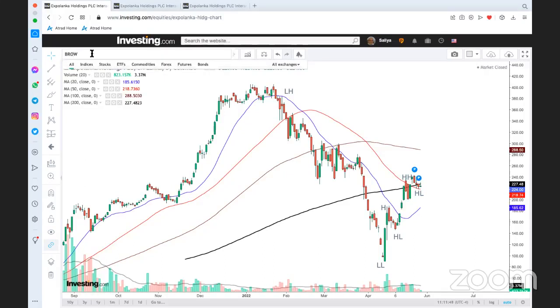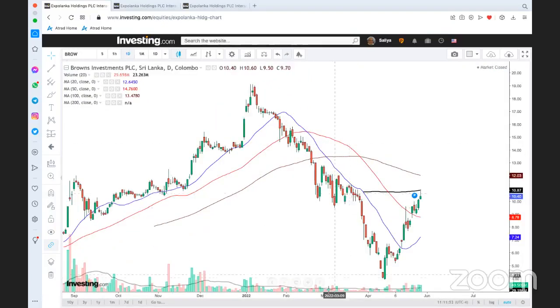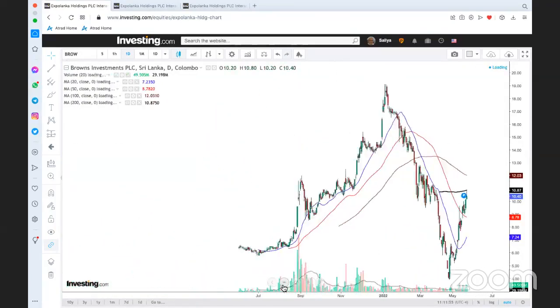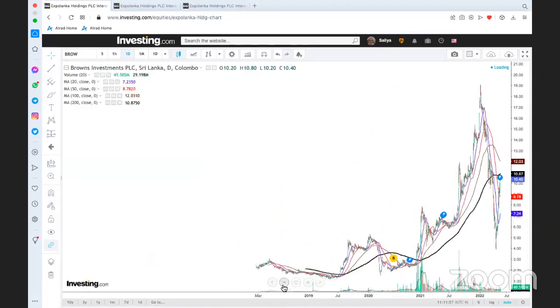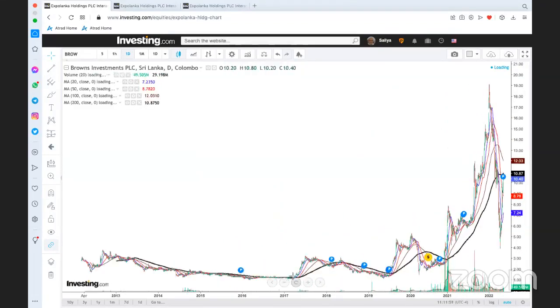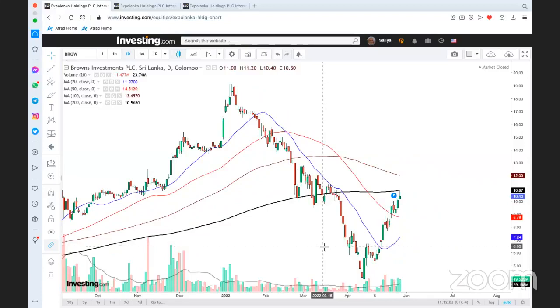Then coming to Brown's investments, as I mentioned, you can see that there is a higher low, higher high formation.